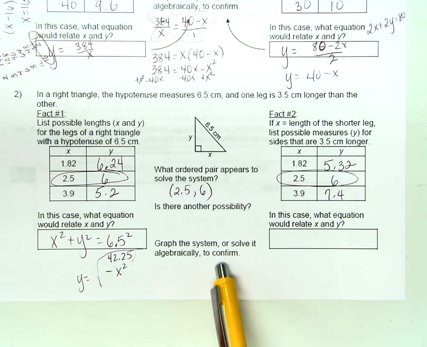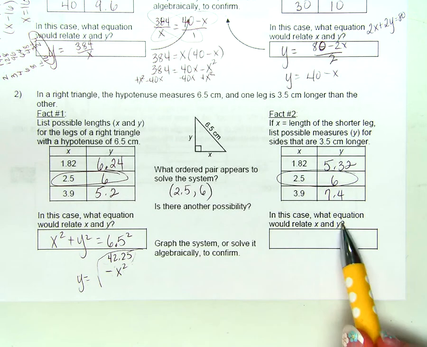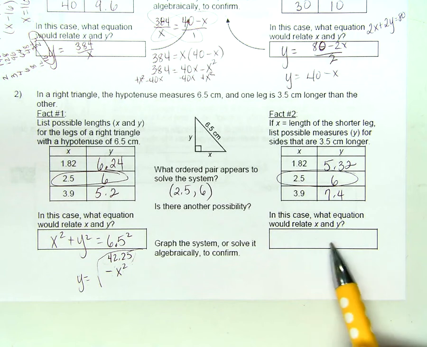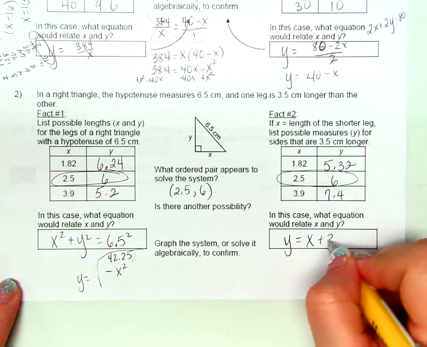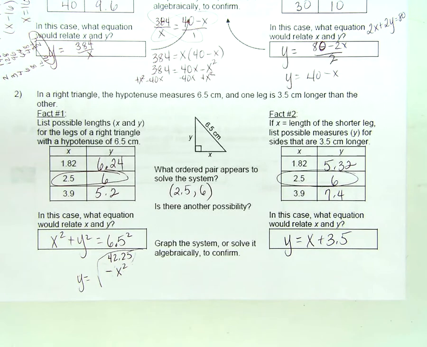So how do you think we should fix to confirm it? Same way? Okay. So, which equation relates x and y in this problem? So y equals x plus 3.5, right?